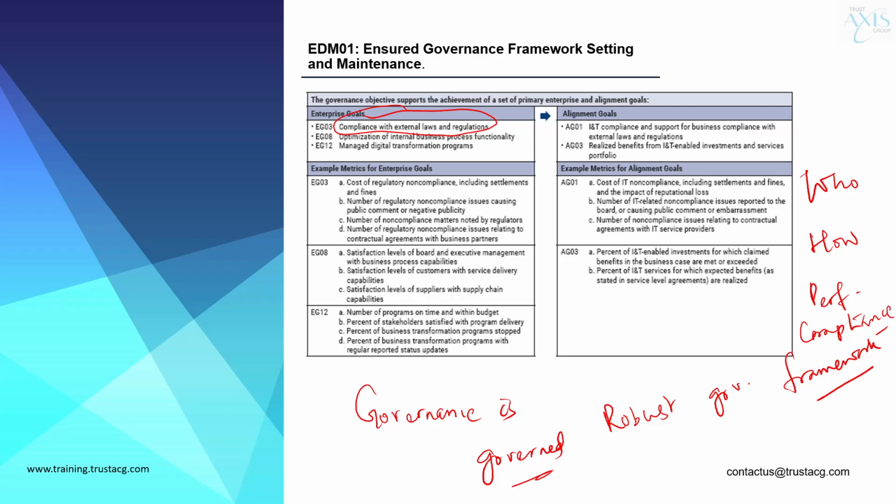There could be a settlement, there could be a fine. So the cumulative cost of the total financial settlements and fines paid for regulatory non-compliance can be a metric to see whether we are achieving this goal or not.